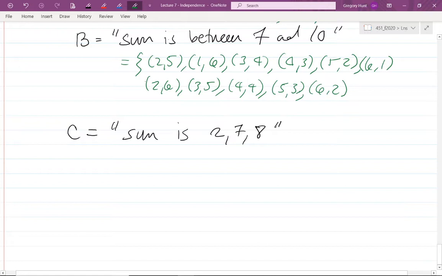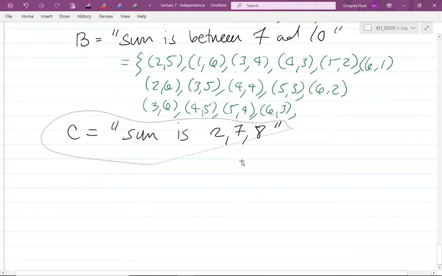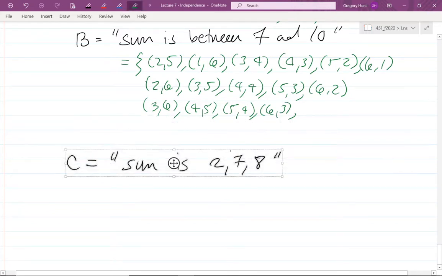So the 9s: 3,6, 4,5, 5,4, 6,3. Or I could get 10, which keep moving this thing down. I could get 10, which, of course, is 4,6, 5,5, or 6,4. How many events do I have? 1, 2, 3, 4, 5, 6, 7, 8, 9, 10, 11, 12, 13, 14, 15, 16.